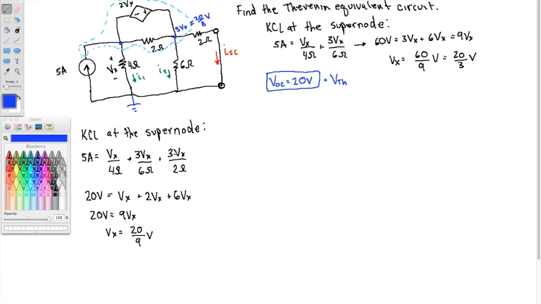Okay, so what is ISC? Well, there's 20 over 3 volts here, and here's ground, and that goes across the 2 ohm resistor. So using Ohm's law, we have 20 over 3 volts divided by 2 ohms. That's 10/3 amps.